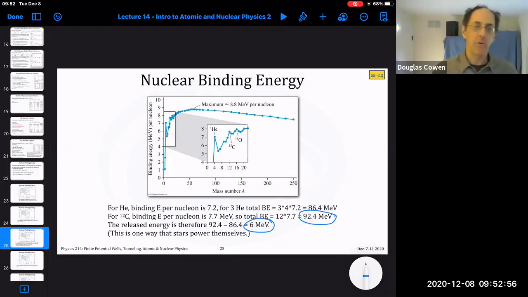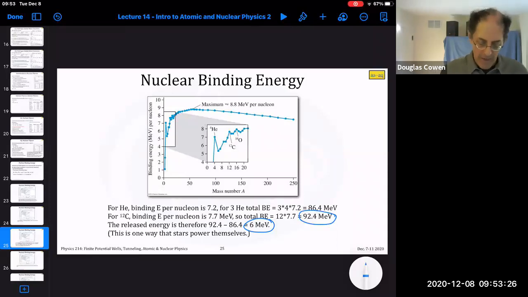What keeps it from doing that is the fusing of elements in the core of the star that produces energy, so high energy photons, that basically push back out against this inexorable gravitational pushing in. So this is a radiation pressure that is produced by the fusing of lighter elements into heavier elements and the subsequent release of energy in the form of photons.